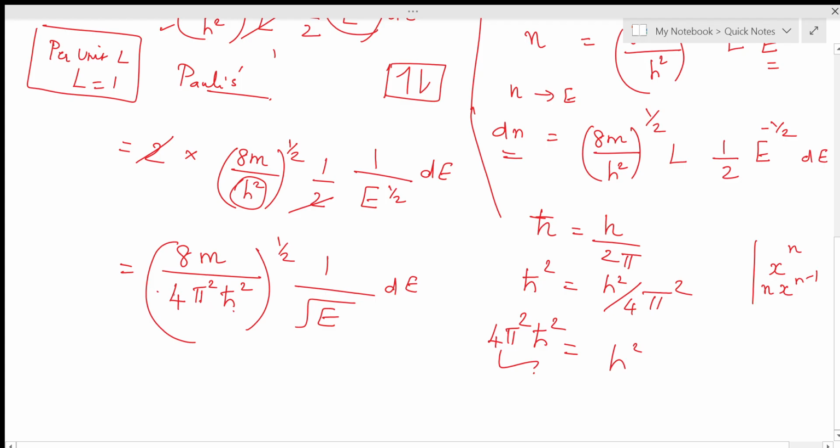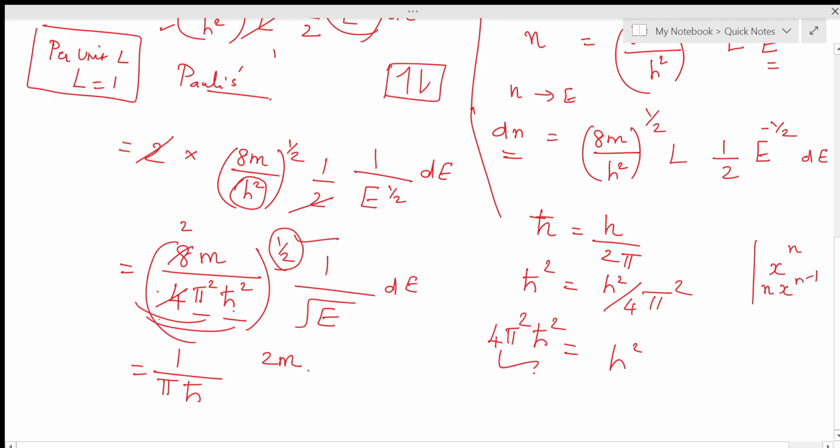Now this 4 cancels 8 twice. Therefore, we get pi square h cross square with power 1 by 2. It is taken out of this 1 by 2, so 1 by pi h cross is taken out. And then 2m is with this half.